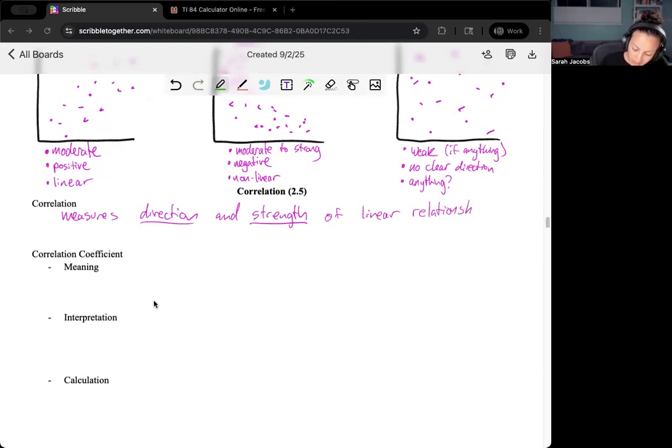Only linear relationships between two quantitative variables. Basically, we have this letter. It's a lowercase r. That's the correlation coefficient.